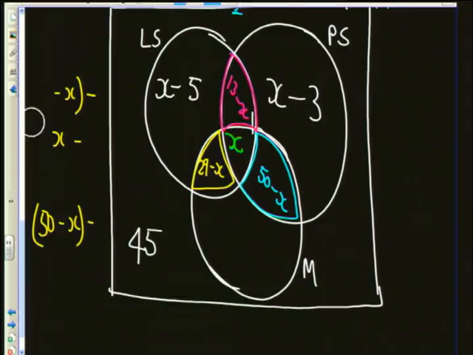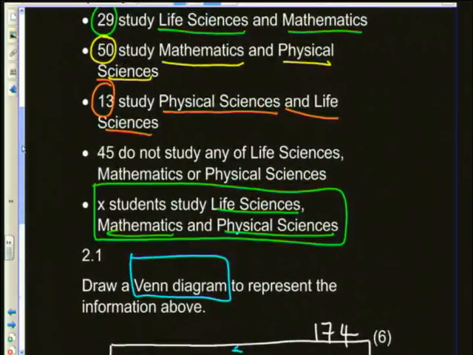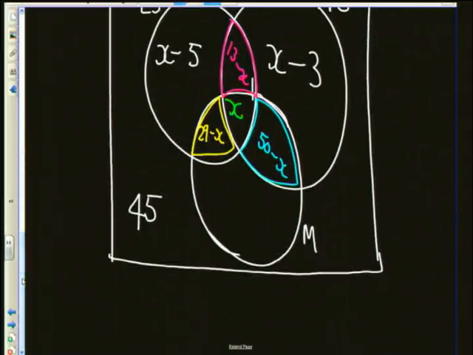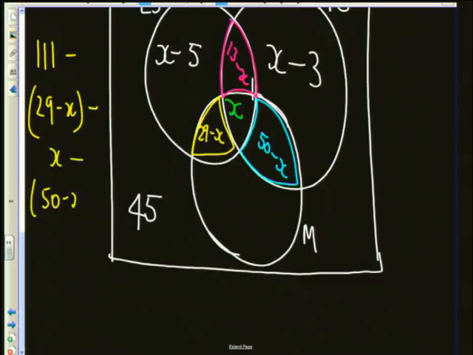Right, and finally, how many are taking maths? I think there were 111, if I remember correctly. 111 study maths. So in this circle, there's 111. So we now have 111 minus the ones we've already got, 29 minus x, minus x, minus 50 minus x.